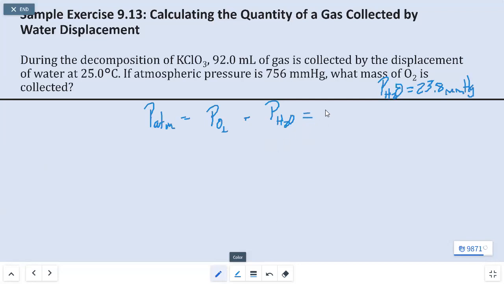So with that in mind, now we can say 756 millimeters of mercury is equal to the pressure of oxygen plus 23.8 millimeters of mercury. So if I subtract 23.8 from both sides, 756 minus 23.8 would give me 732 millimeters of mercury.